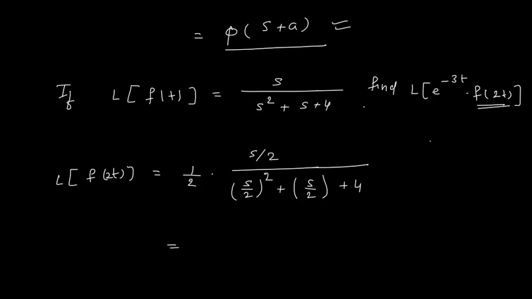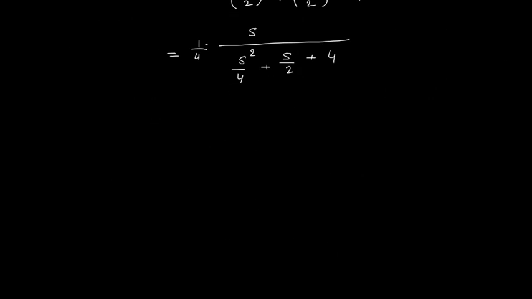So here we get this 1 by 2 and this s by 2, it will become 1 by 4 s, whole divided by, here in the denominator we have s square upon 4 plus s upon 2 plus 4.